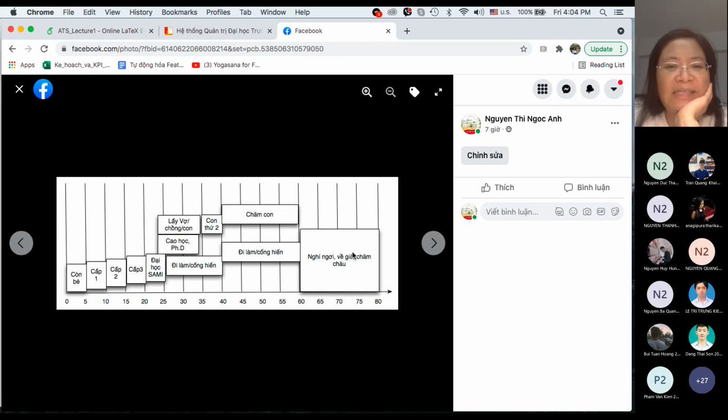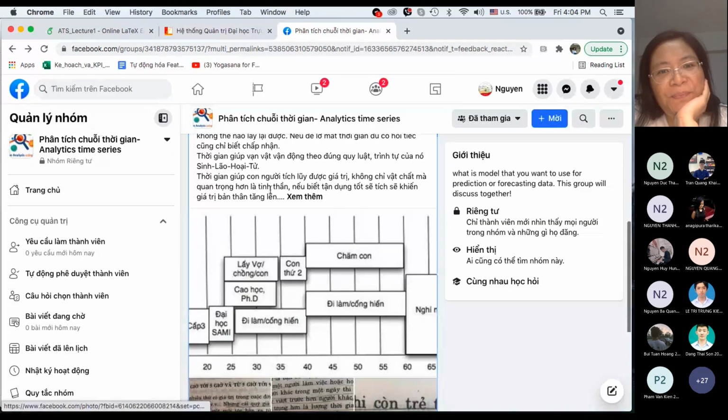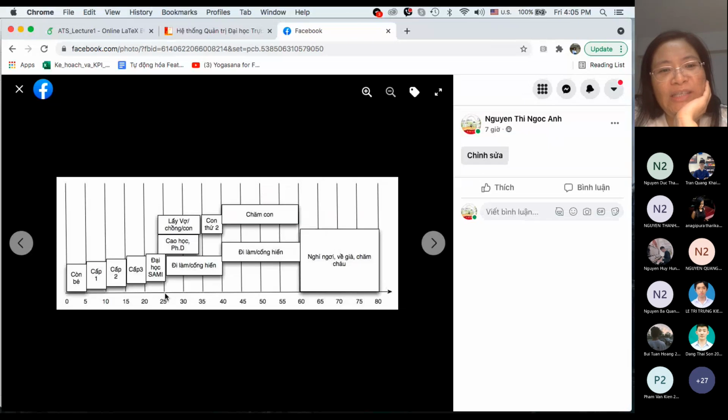Many students have the same ruler. I am a little curious, did you get married while you were still studying in postgraduate? Yes. I got married at 25.